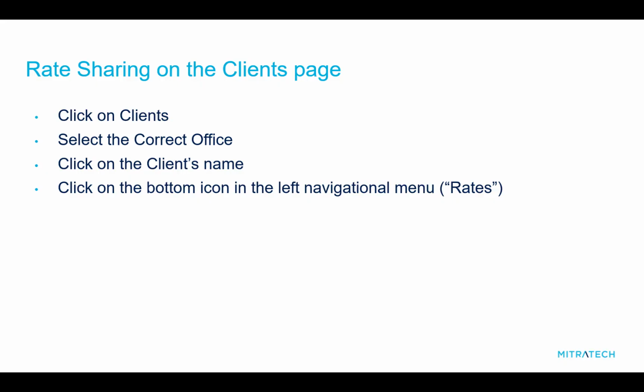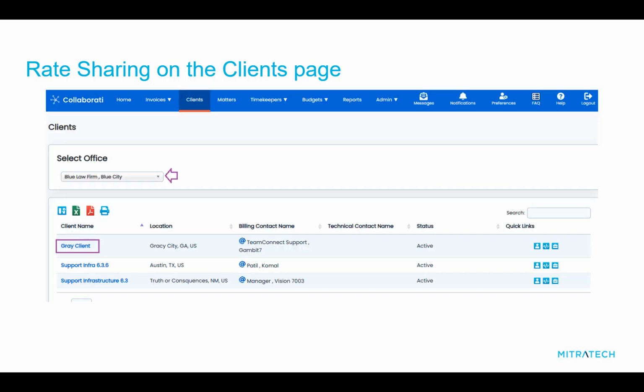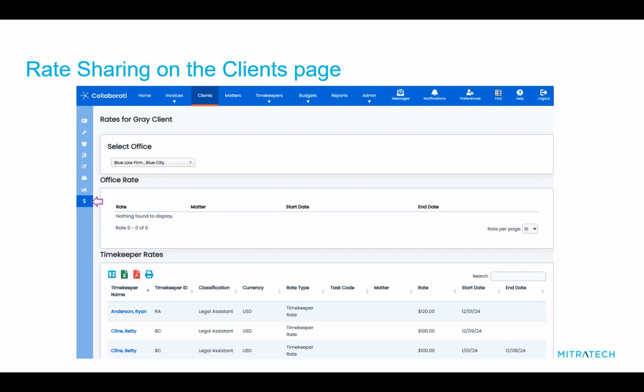If we want to look at rate sharing on the client's page, there are slightly different instructions. Click on the clients, select the correct office, click on the client's name, then click on the icon. Here we've clicked on the clients. We have blue law firm. We're going to click on gray client, and then here we will click on the icon.